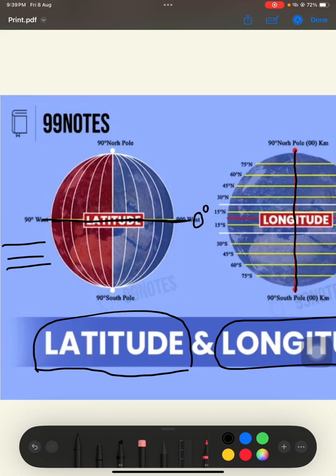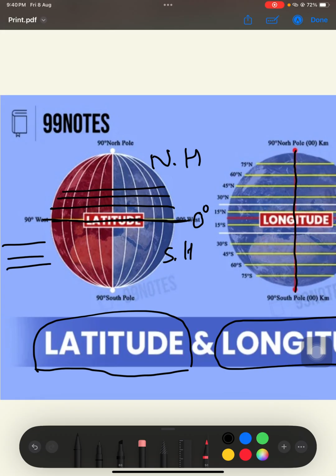It divides the Earth into equal halves: northern hemisphere and southern hemisphere. Okay, students, 0 degree latitude is where it starts. And the next latitude is 1 degree, 2 degree, 3 degree, like that.